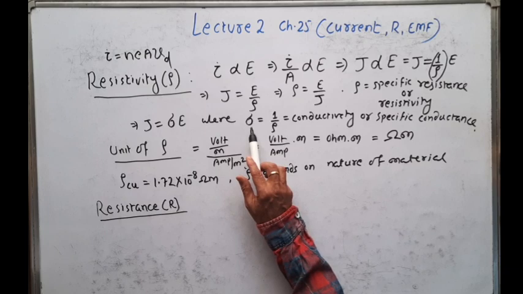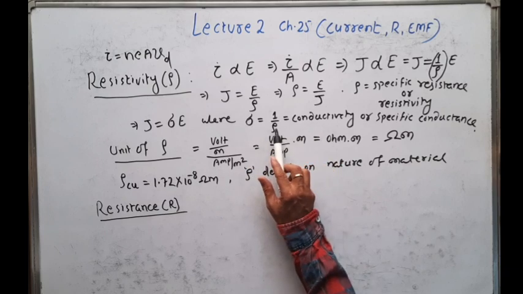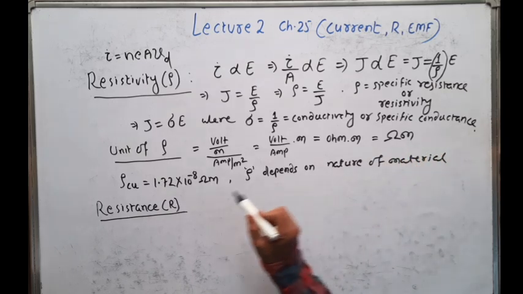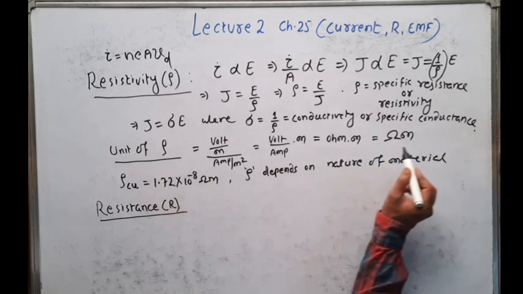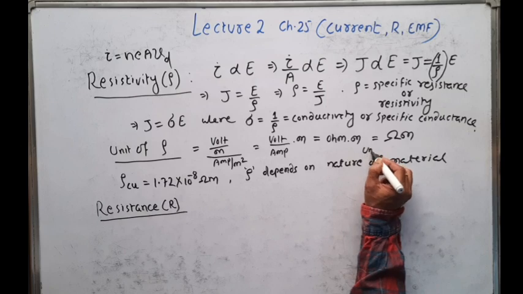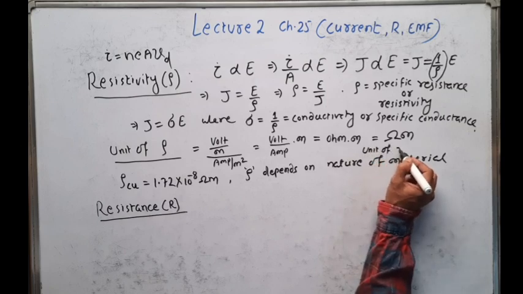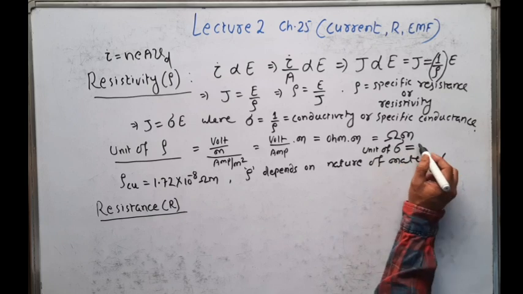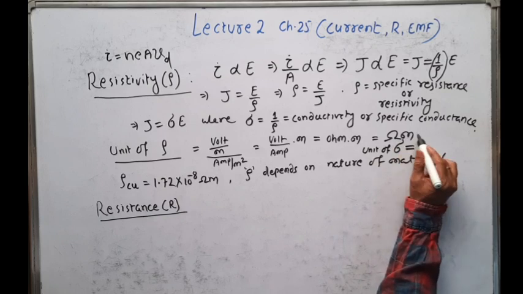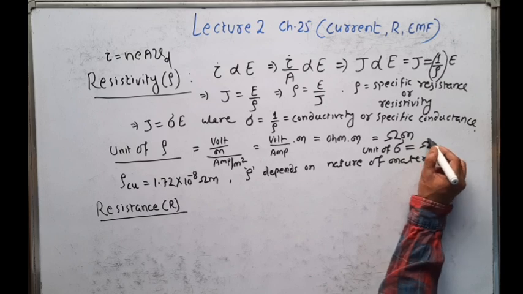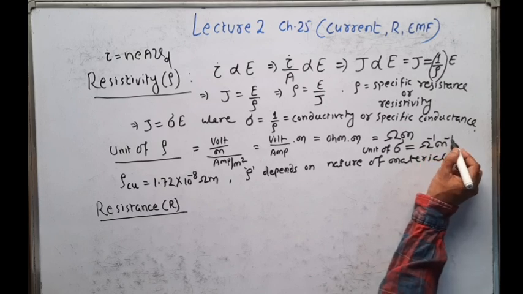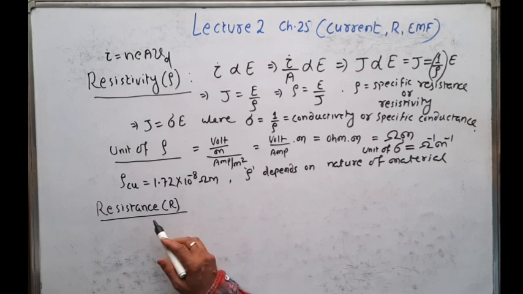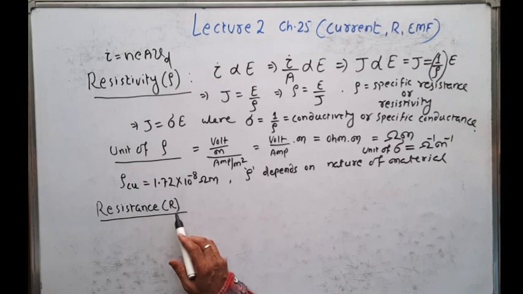Sigma is the reciprocal of resistivity, that is called conductivity or specific conductance. So if the unit of rho is ohm meter, then the unit of specific conductance or conductivity is 1 by rho, that is 1 by ohm meter. So that is ohm inverse meter inverse.